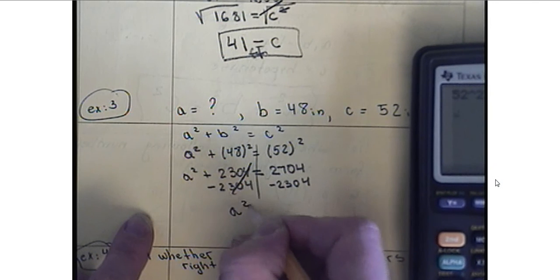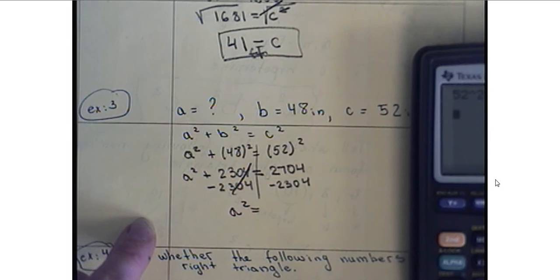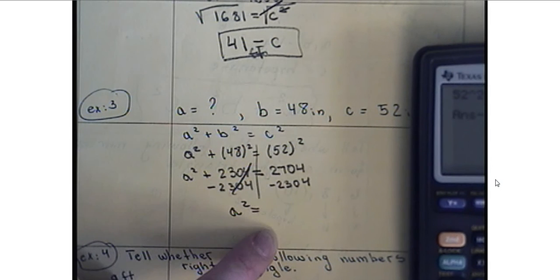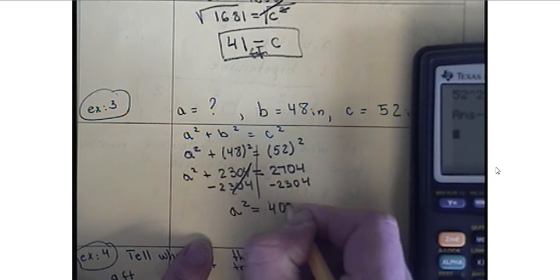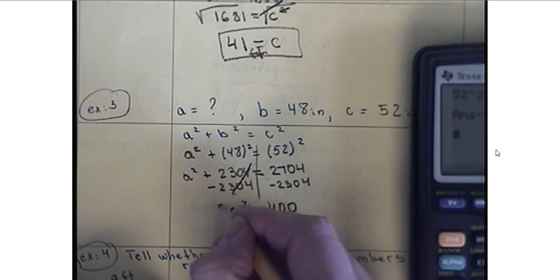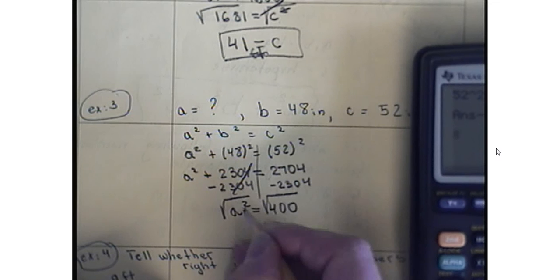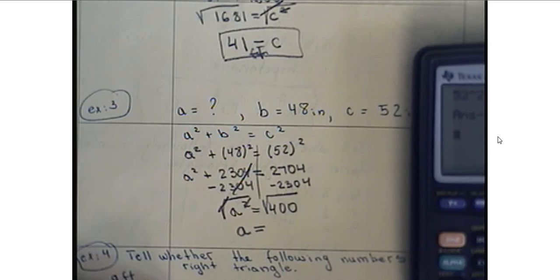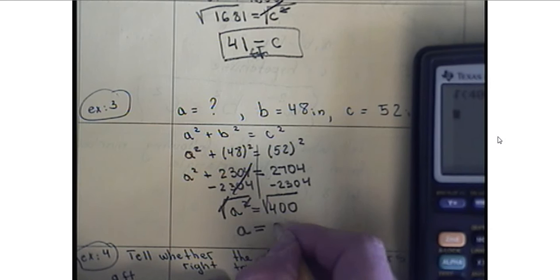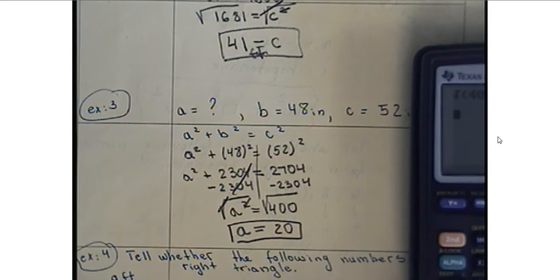A squared will be equal to 2704 minus 2304. This is 400. Final step, square root both sides. The square root and second power cancel. So A will be square root of 400, which is equal to 20. And that will be my final answer here.